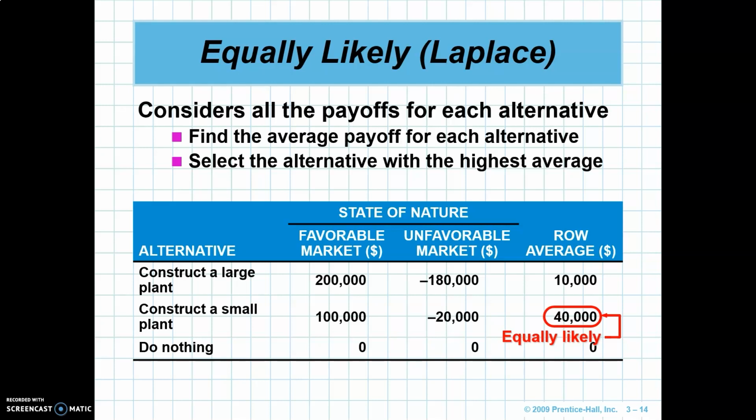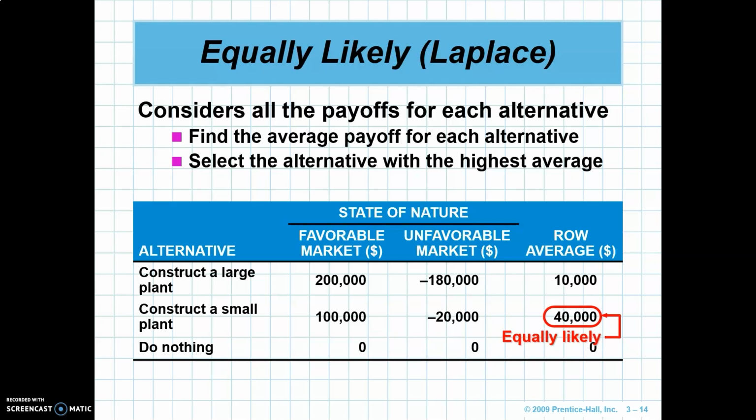Similarly for this one, 1 lakh into 0.5 is 50,000, and minus 20,000 into 0.5 is minus 10,000. So 50 minus 10 is 40,000. So I'll be getting 40,000 as my average for the second alternative, which is to construct a small plant, right? Last one is do nothing, so we'll be getting zero obviously. Then you select the maximum if it's a profit maximization problem, and the minimum if it's a cost minimization problem.